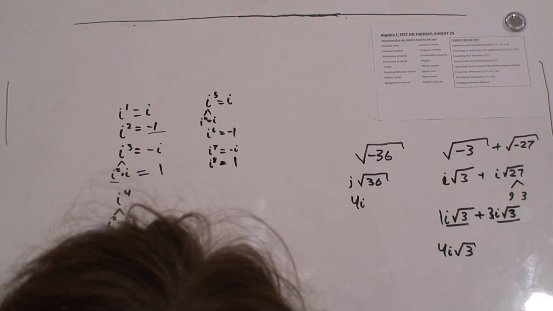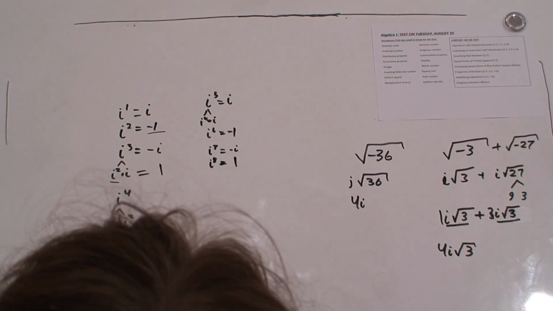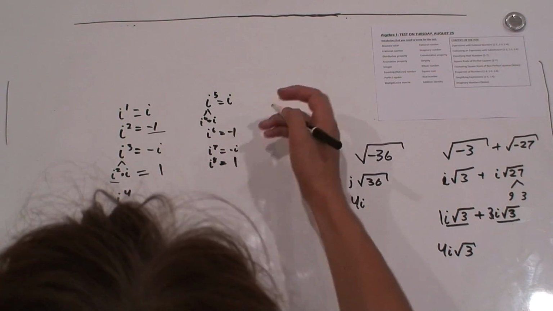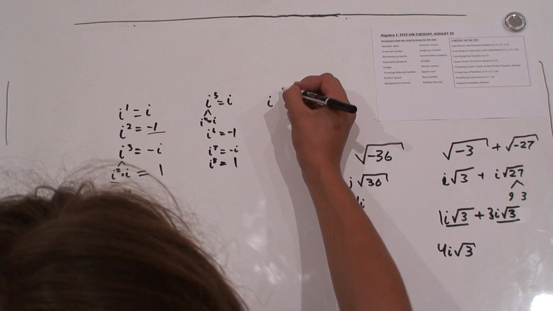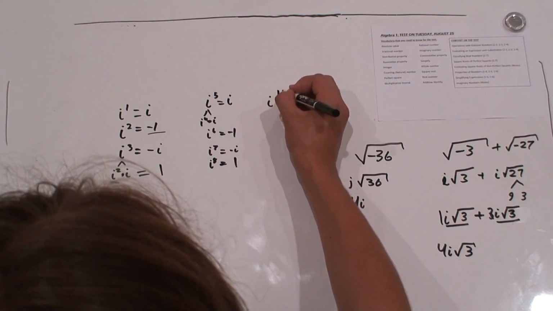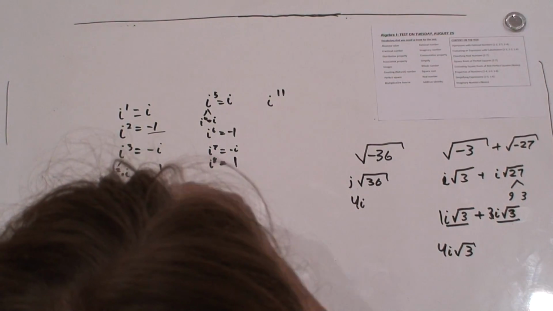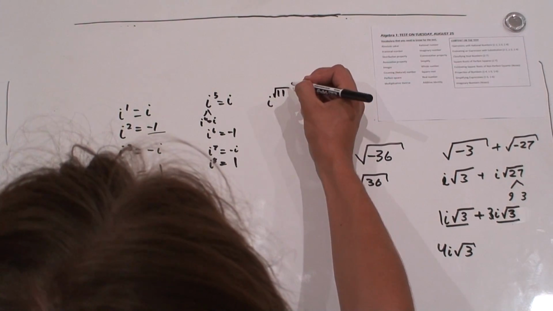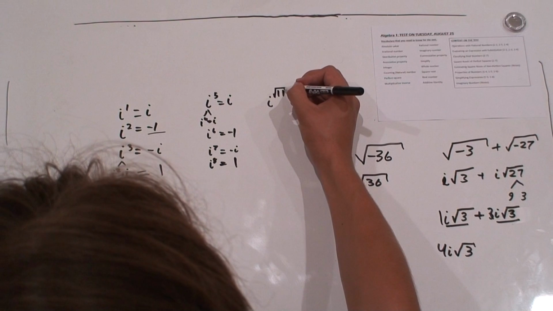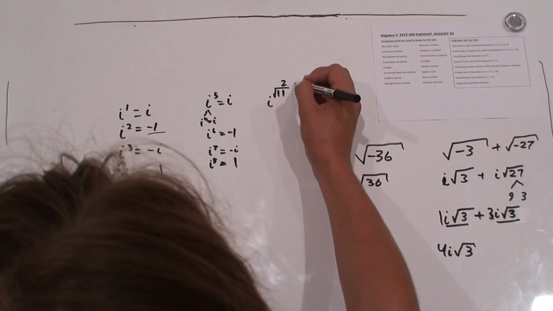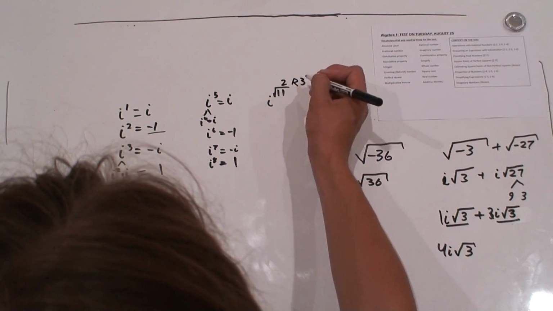So one thing you can do to skip through this would be, you have your i to the exponent. Let's say, in this case, it is 11. You would divide it by 4, and 4 can go into 11 2 times with the remainder of 3.